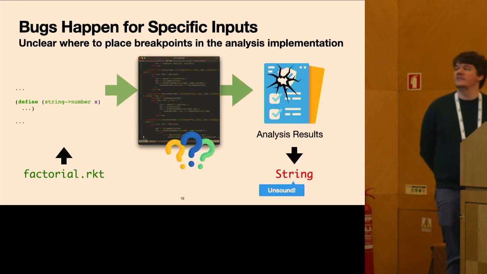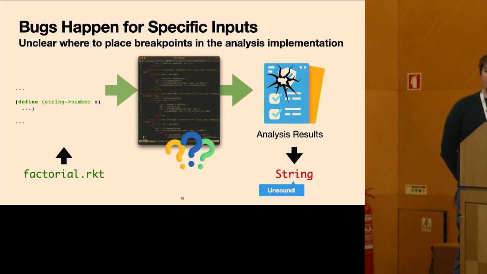Furthermore, it is not entirely clear where we would put things like breakpoints in our analysis implementation. Because the analysis implementation is quite large, a few thousand lines long, it's not clear where we would put these breakpoints to see our bug reproduced.